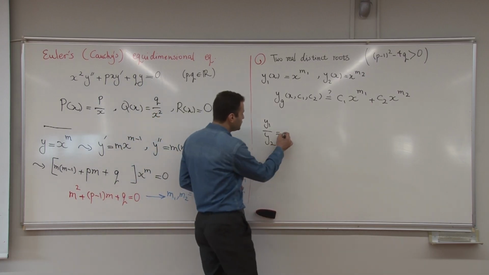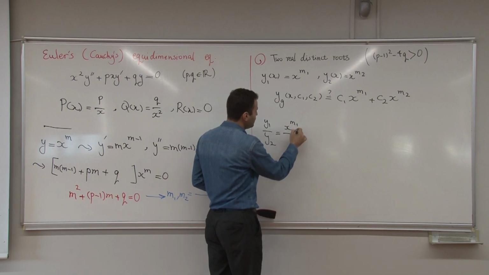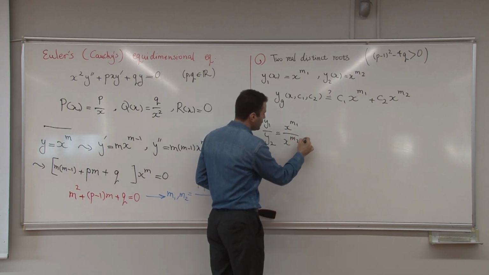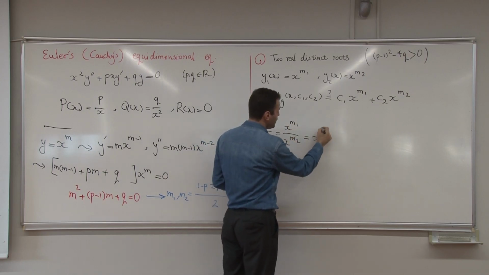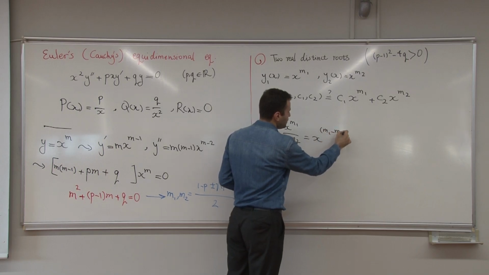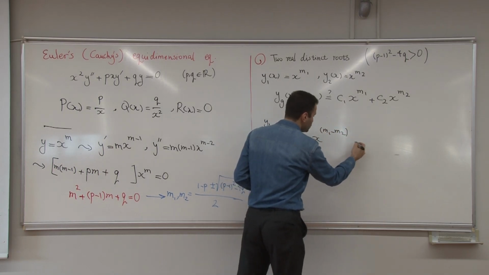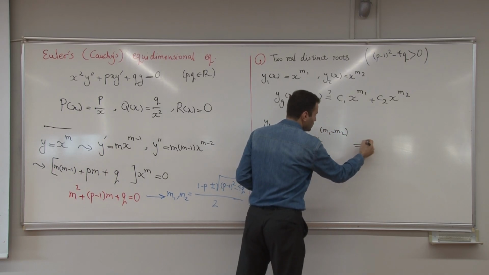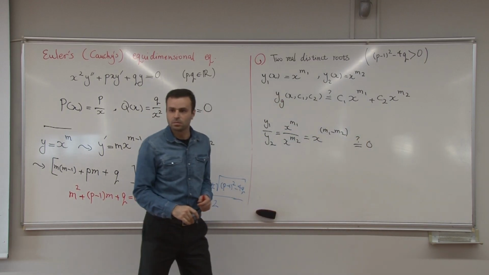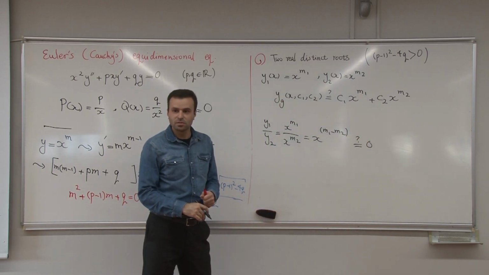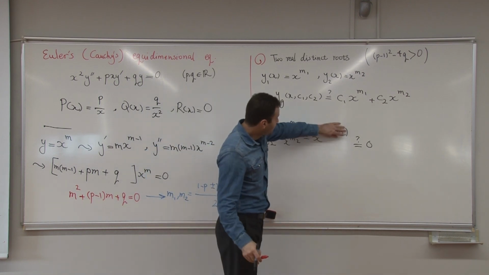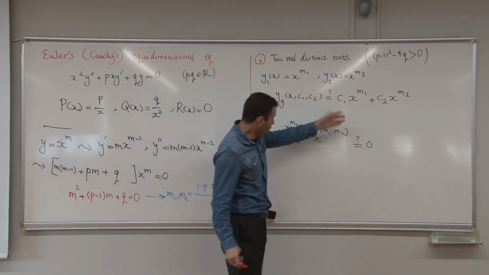What is y1 divided by y2? x to the power of m1 divided by x to the power of m2. This is going to be x to the power of m1 minus m2. Is this equal to 0? Why is it not equal to 0? Because x isn't 0. But what about x to the power of 0, or if it is constant?